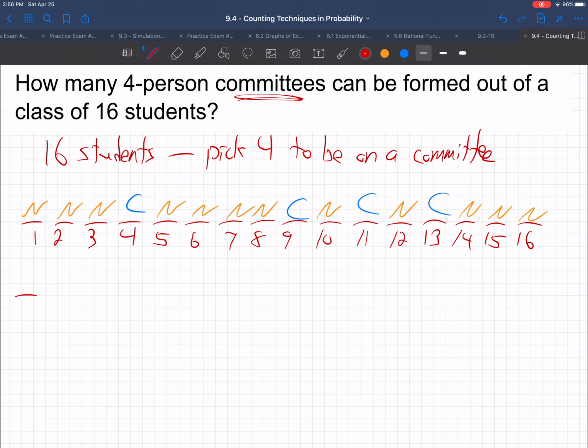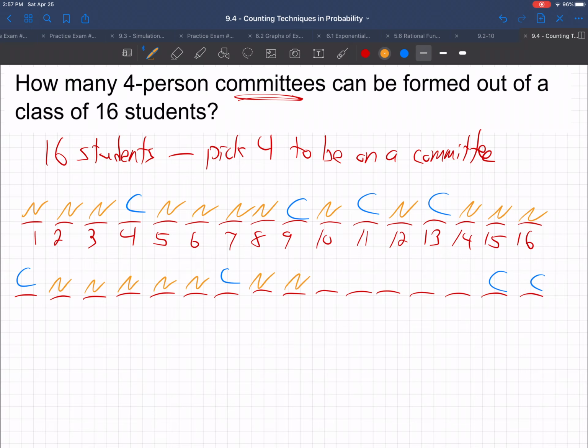Now let's do it again. I could say, okay, I'm going to choose student 1, student 7, students 15 and 16 will be on the committee, and therefore all the other students are not on the committee. So there's a second way.